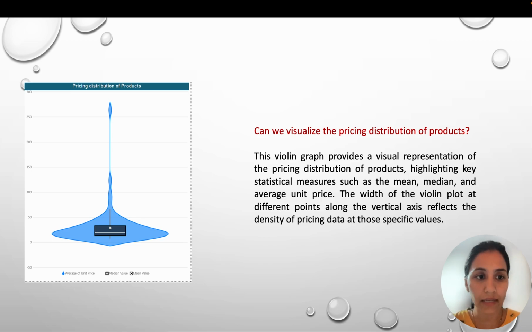The dot inside the dark blue area gives us the mean value of all the prices, and the line inside gives us the median value of the pricing distribution. The light blue drop-like shape gives us the distribution of unit price. I created this chart for the pricing distribution of products.